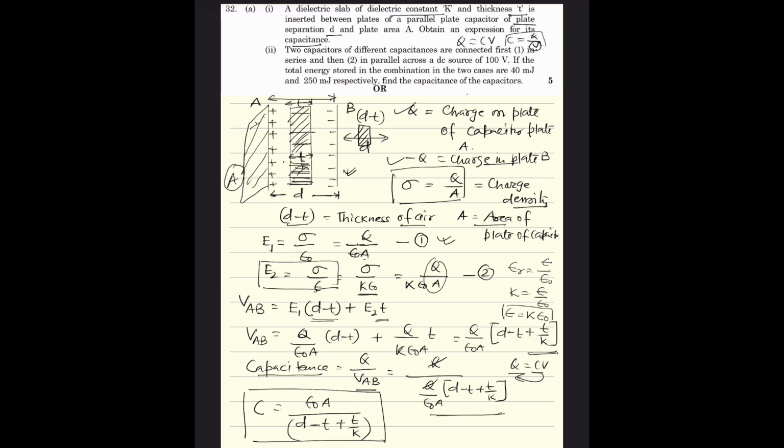Without the slab, what was the capacitance? It is epsilon 0 A by d, correct? When the entire space between the plates is air, this is the capacitance C0, and when a slab of thickness t is introduced, this is the capacitance. Very good, a very important expression for you.